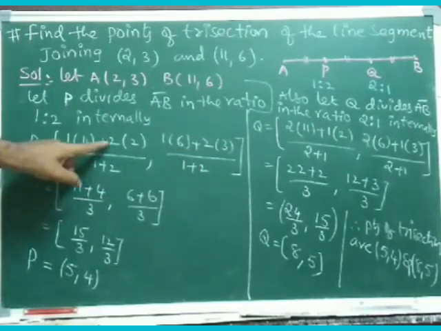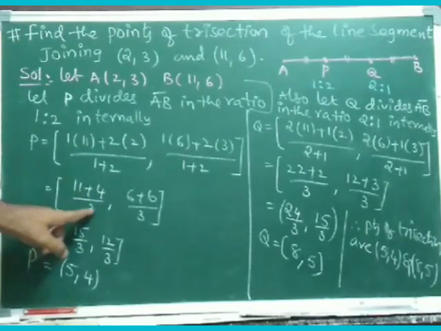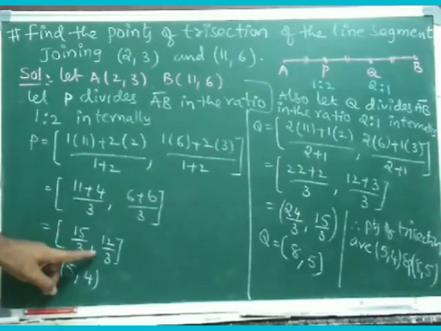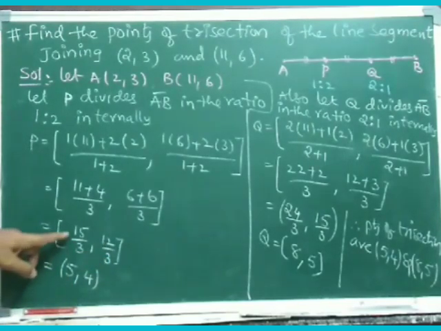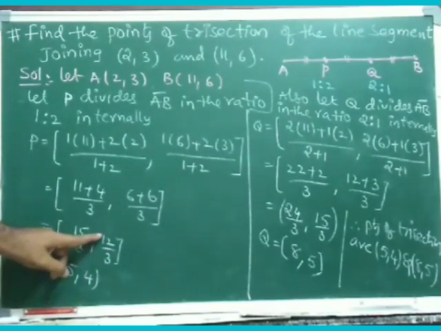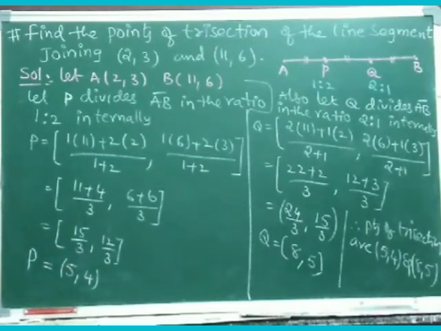So this is (11 + 4)/3 and (6 + 6)/3, which is 15/3, comma, 12/3, and finally 15/3 is nothing but 5 and 12/3 is nothing but 4. So we got the coordinates of P as (5, 4).